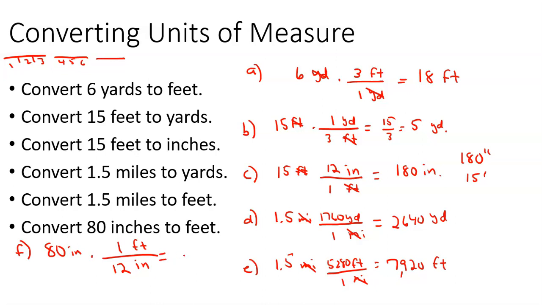That's how I know what to put there. So I end up with inches canceling top and bottom. 80 divided by 12 gives me 6.67, or 6 2/3. So you can write it as 6 2/3 feet, or as a decimal, 6.67 feet. All right, so not everything comes out in whole foot measurements, and that's an example.